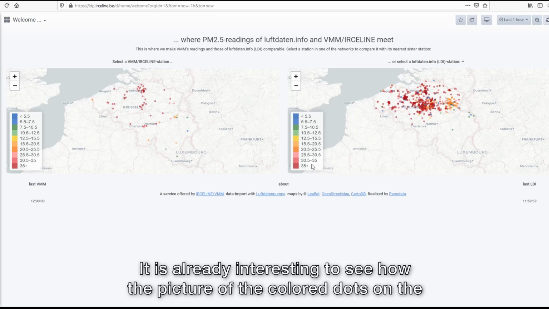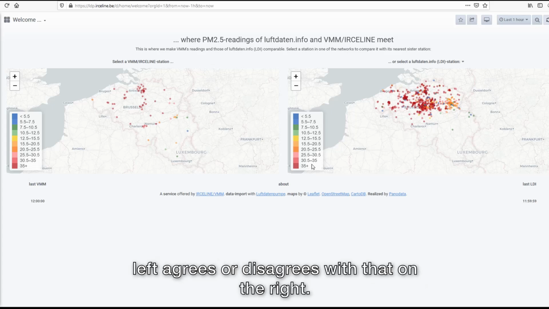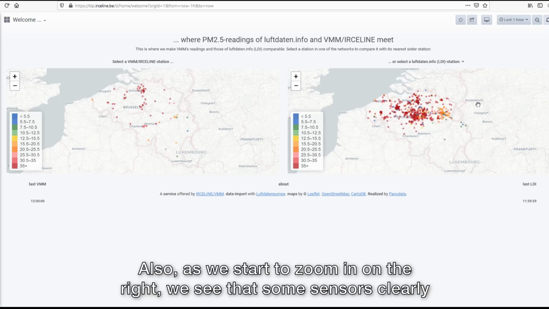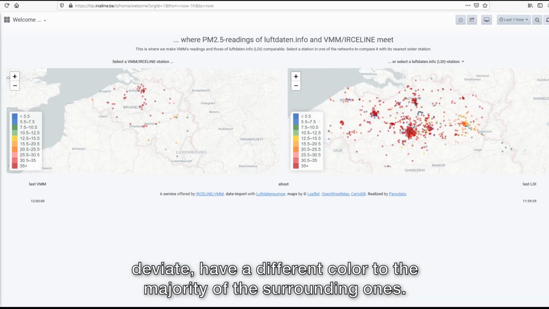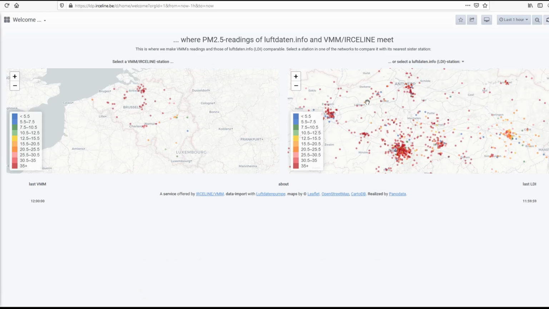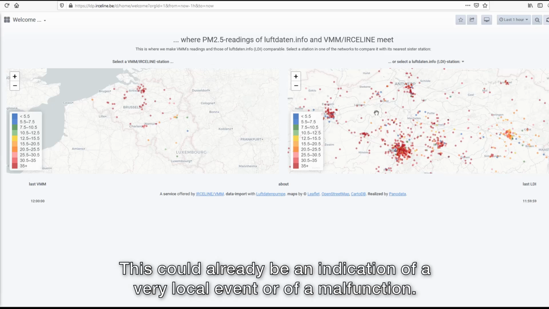It is already interesting to see how the picture of the colored dots on the left agrees or disagrees with that on the right. Also, as we start to zoom in on the right, we see that some sensors clearly deviate, have a different color to the majority of the surrounding ones. This could already be an indication of a very local event or of a malfunction.